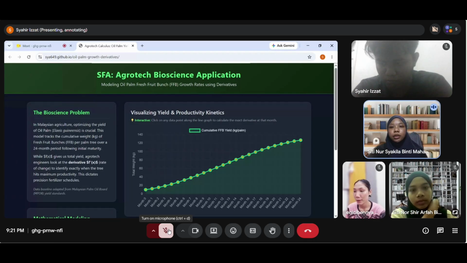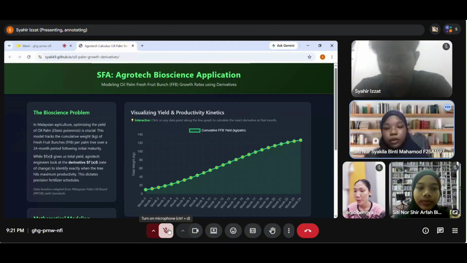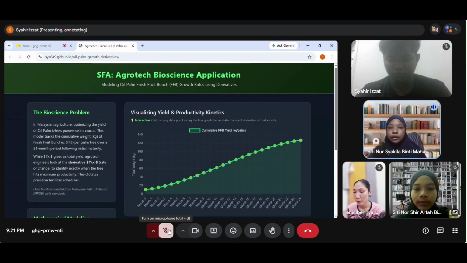Today, I will present our project, Plant Growth Derivative, which focuses on analyzing oil palm production using digital algorithm tools. The main problem we are addressing is that monitoring oil palm growth and predicting yield manually is difficult and time-consuming.